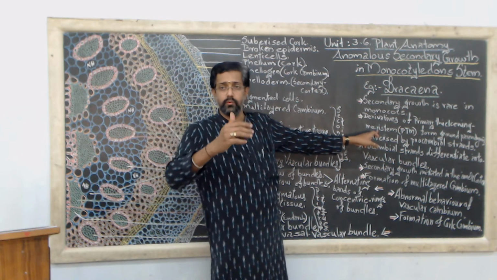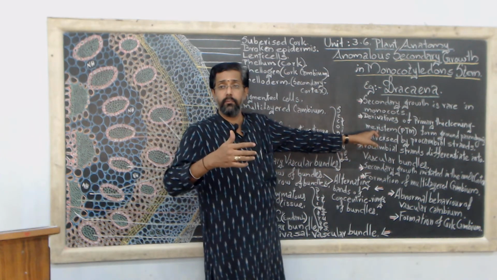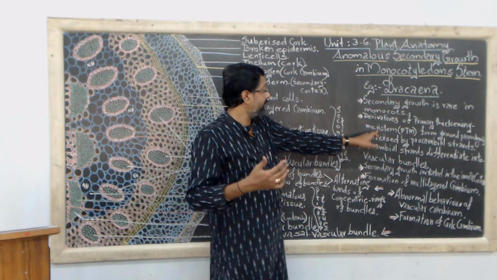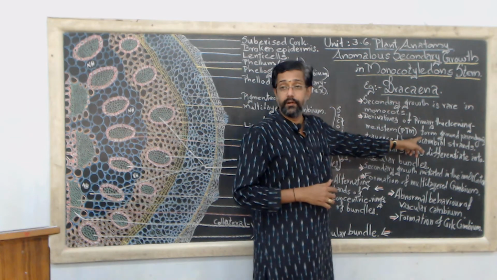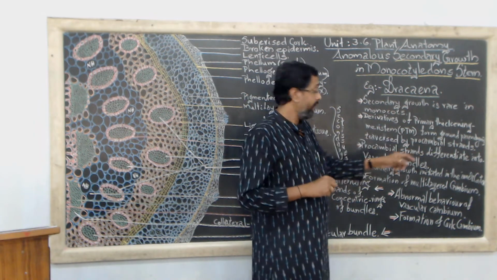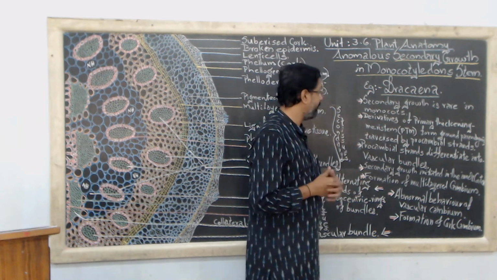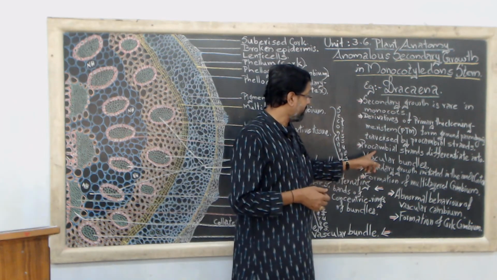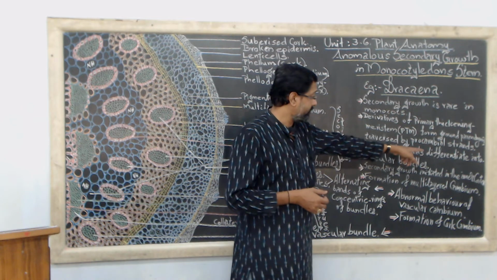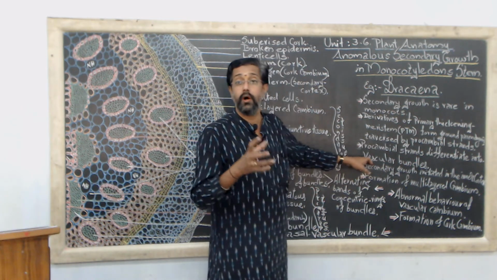So somewhat outer to the early formed vascular bundles, the primary thickening meristem is formed in the ground parenchyma. Such primary thickening meristem, or PTM, acts as the procambial strand and differentiates into vascular bundles.